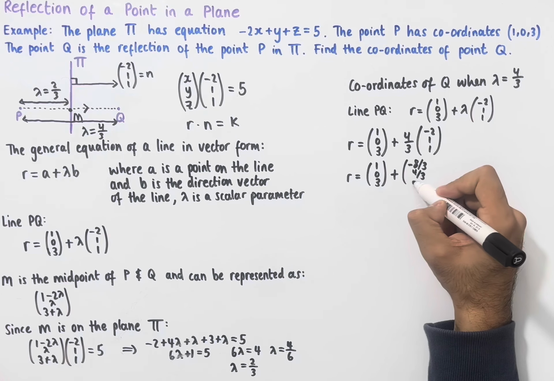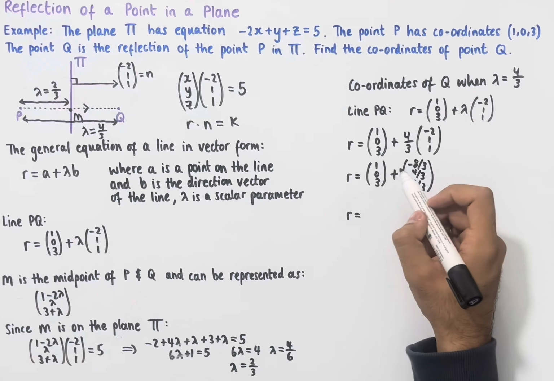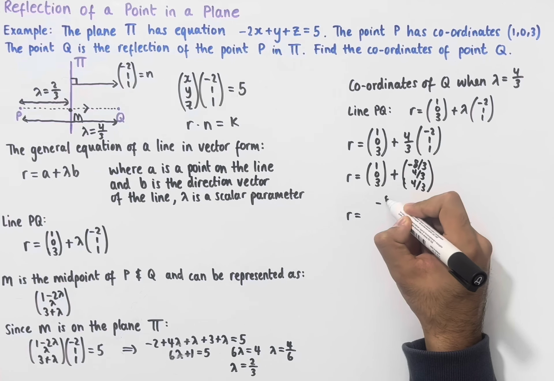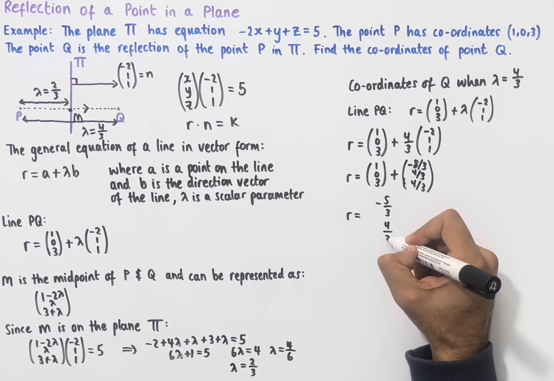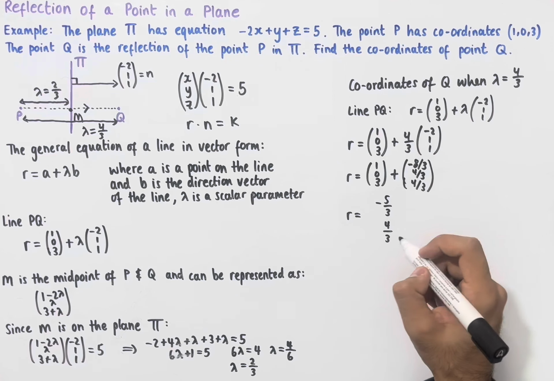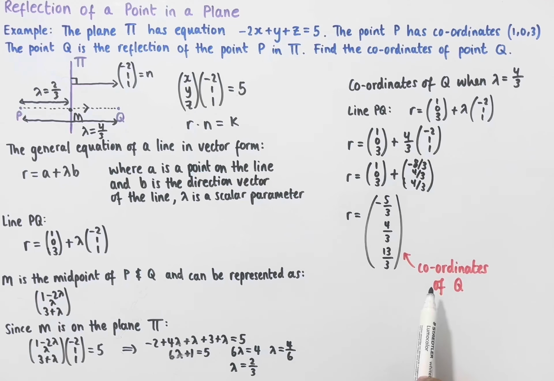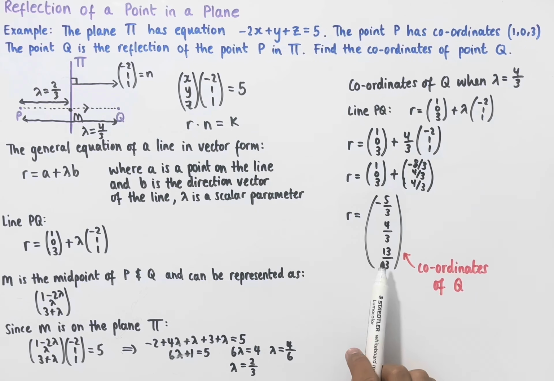And 4 over 3 times 1 gives us 4 over 3. So we have r equals, now 1 plus minus 8 over 3 gives us minus 5 over 3. 0 plus 4 over 3 gives us 4 over 3. And 3 plus 4 over 3 gives us 13 over 3. And so the coordinates of Q is given by minus 5 over 3, 4 over 3, and 13 over 3.